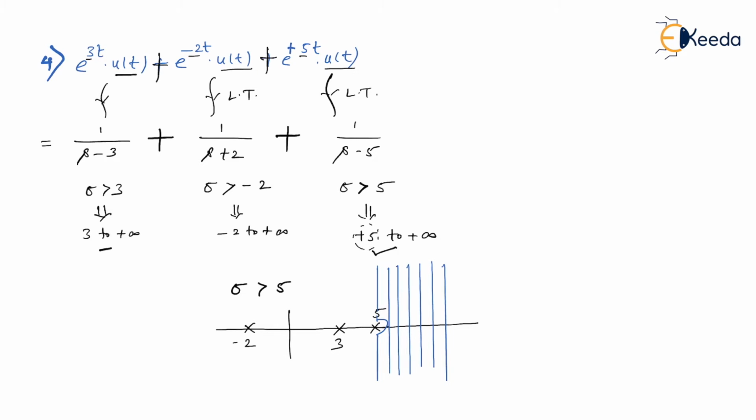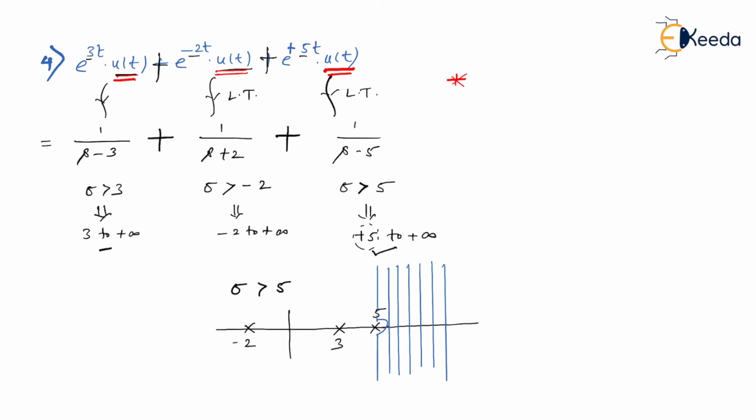So with question 3 and question 4, I'm going to have a common conclusion. See to it very carefully. First of all, notice that each and every function over here is multiplied with u of t. In the problems that we have seen, we have not multiplied with u of minus t. In the previous video lecture, we saw the effect of multiplying with u of minus t: the ROC becomes the left-hand side with respect to the given pole.